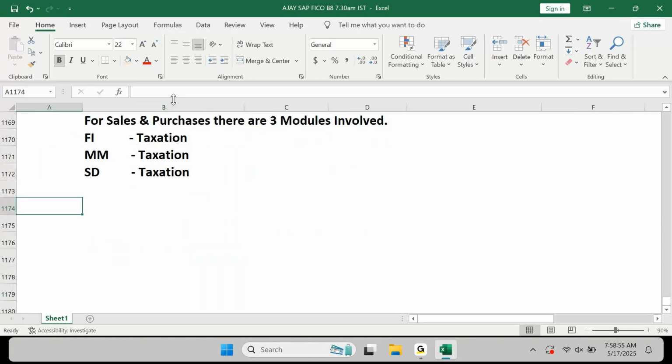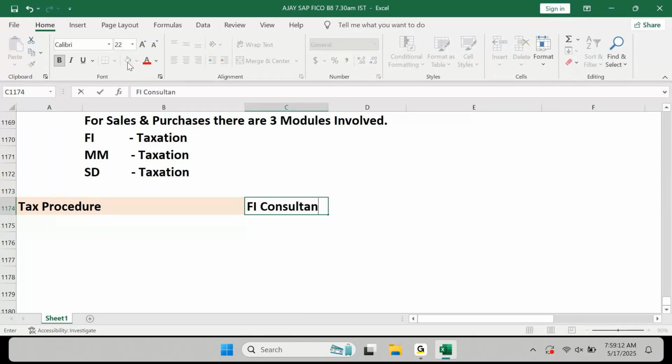You have something called tax procedure. Anybody heard this name before? Tax procedure is created by the FI consultant. And there is something called condition record and then condition type.